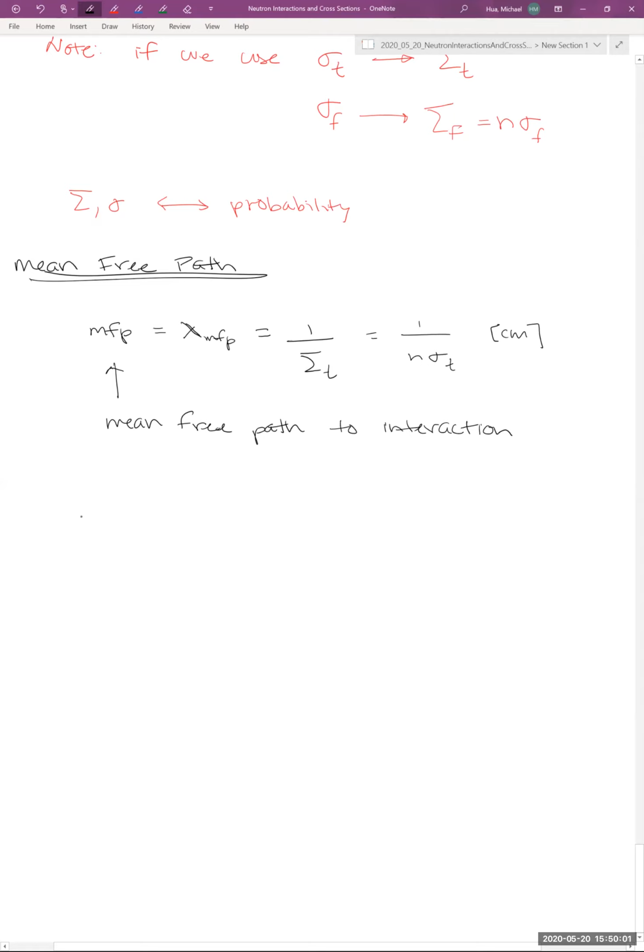If I wanted the mean free path to interaction type X, then I would say that the mean free path X is equal to 1 over the macroscopic cross-section for interaction X.